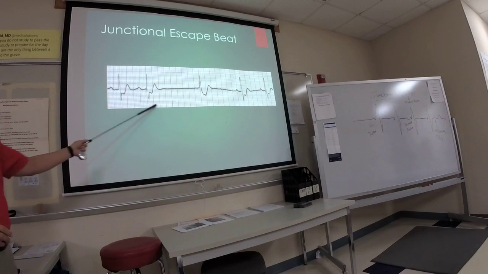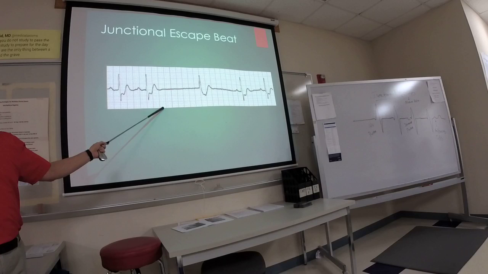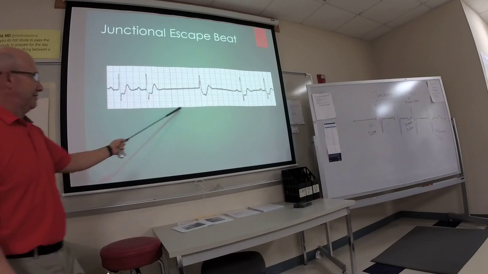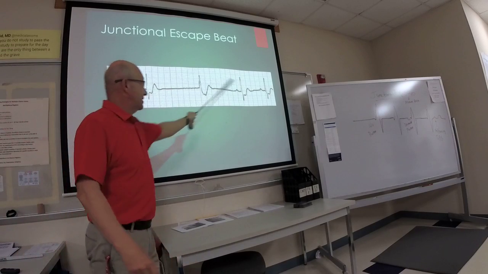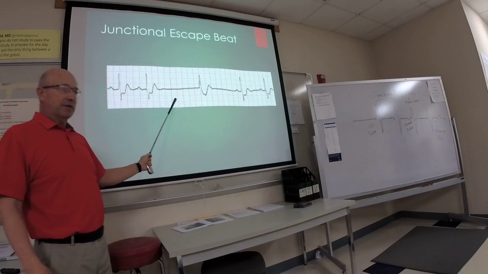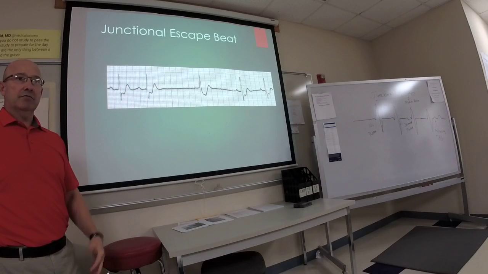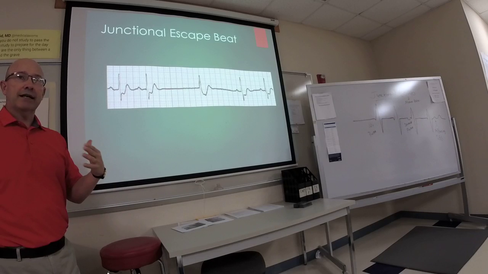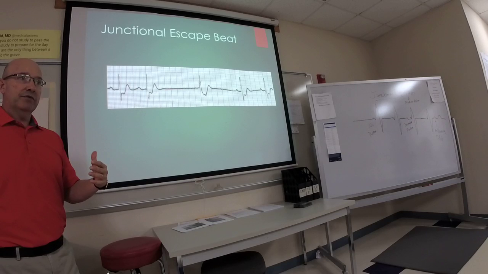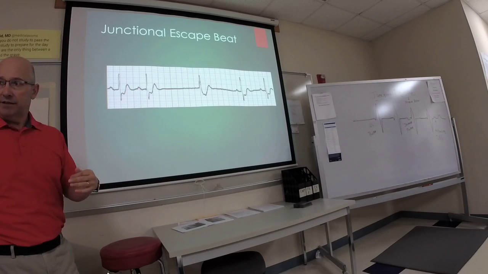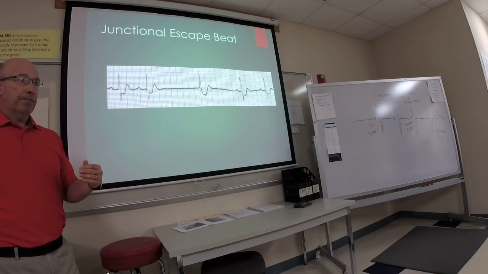Once, this happens once, not a huge deal. If this happens once every 6 seconds, because remember, 6-second strip, that could be a problem. All of a sudden your SA node is stopped. It gets real erratic, because it's supposed to be what? The rhythm of the firing rate of the SA node.